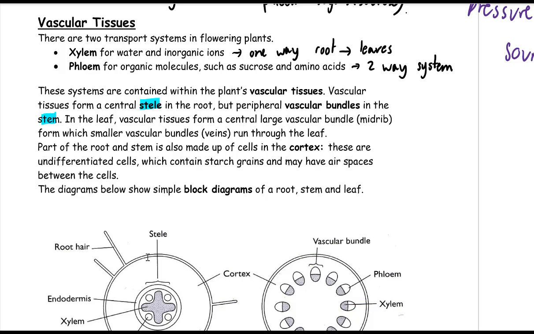These are undifferentiated cells which contain starch grains and may have air spaces between the cells. And this shows simple block diagrams of the root, stem and leaf. So basically what you need to take away from this is that the vascular tissues are found within the root, the stem and the leaves, but their distribution is slightly different in each part.